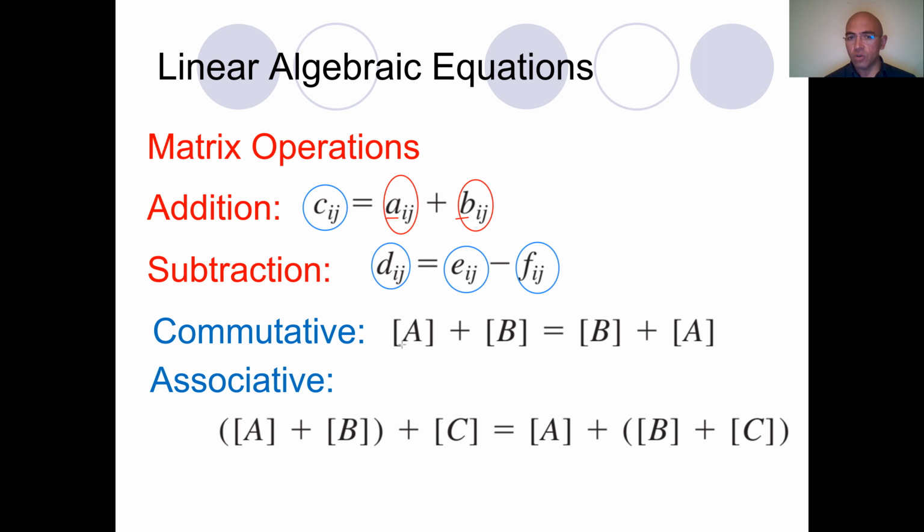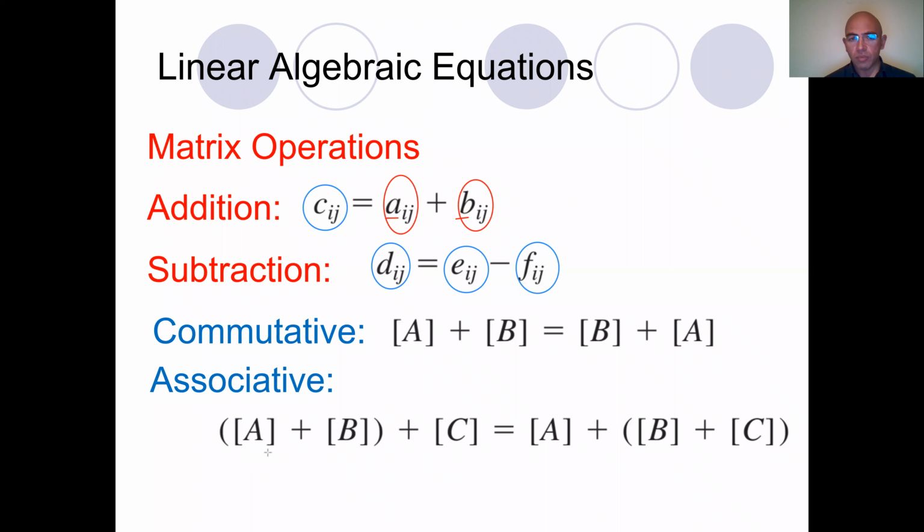Summation is commutative, so A plus B is equal to B plus A. It is also associative, which means that (A plus B) plus C is equal to A plus (B plus C). Basically, first you do the operation in parentheses.